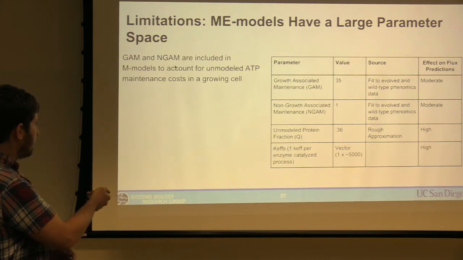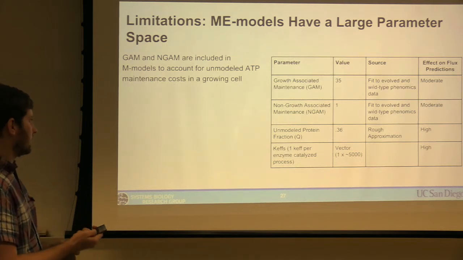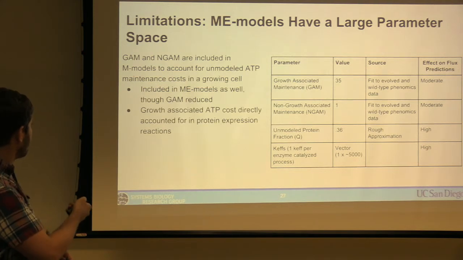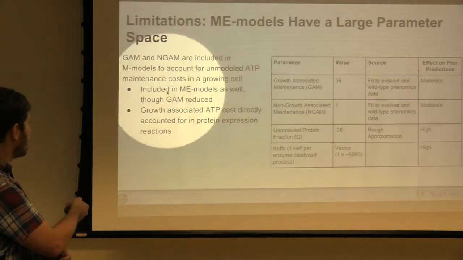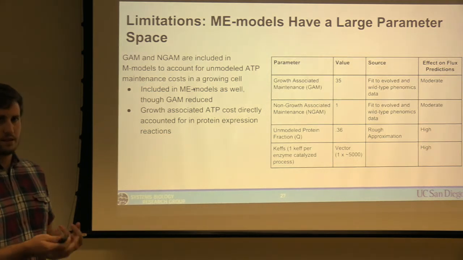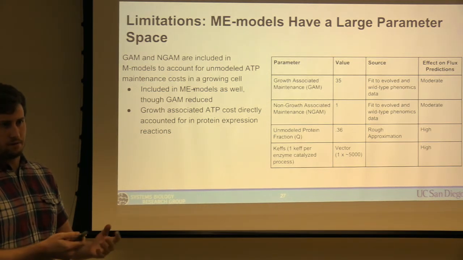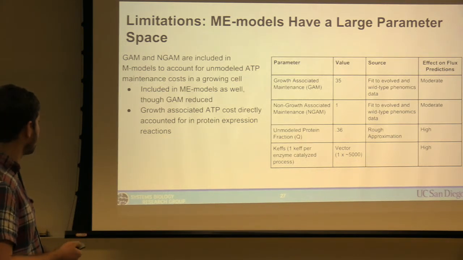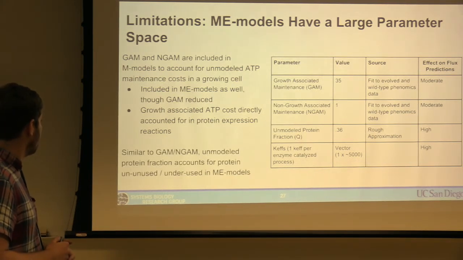But in addition to this, we have a similar idea that's applied to protein. So this first gamma and eigenvalue are going to be reduced because a lot of these ATP processes are actually modeled in the process of synthesizing protein and RNA. So they're going to be reduced from the model.